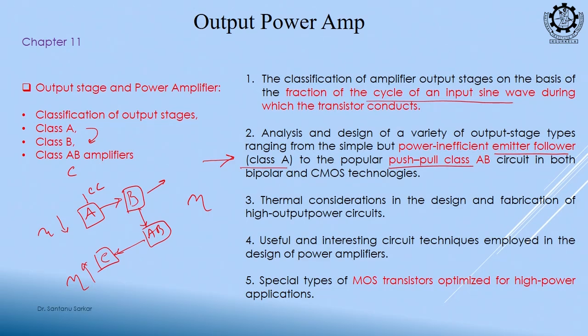Now, while discussing this power amplifier, as this is used in the output stage and large power is associated, we need to be careful about the thermal characteristics, because large temperature can destroy the circuit.